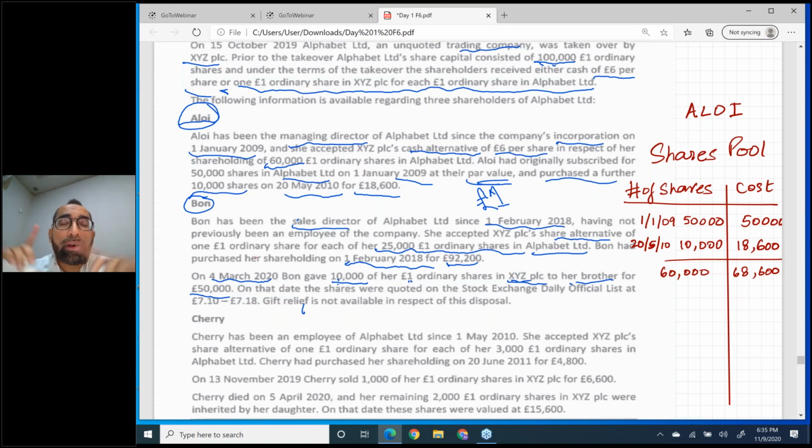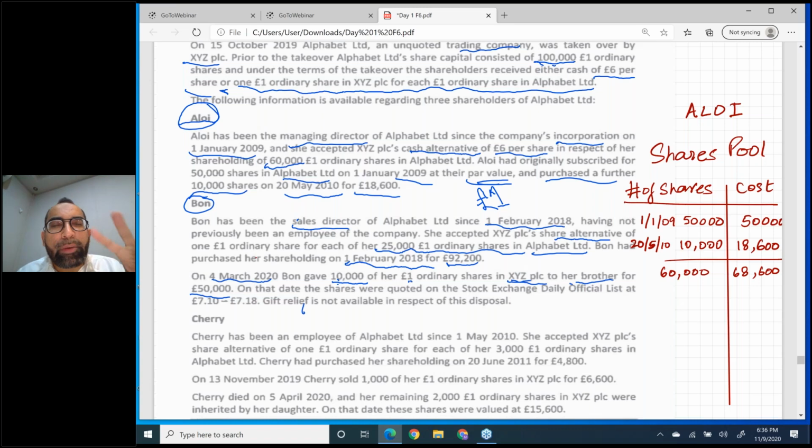So for connected persons, whenever you need to compute a gain, you must use market value. And I told you in my lecture how to compute market value for quoted shares. It's basically the mid market price.